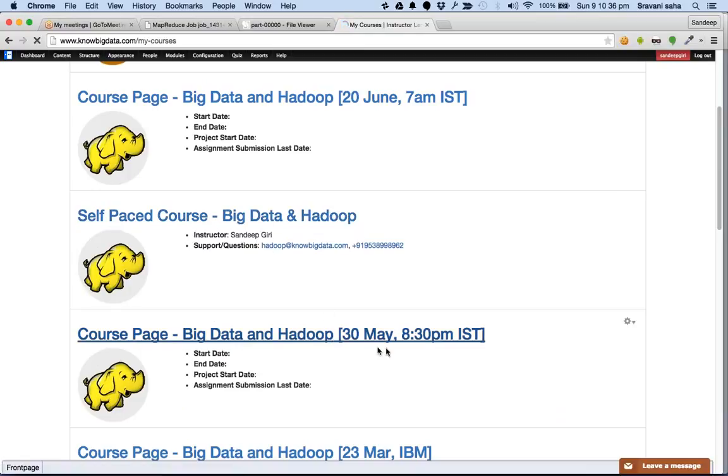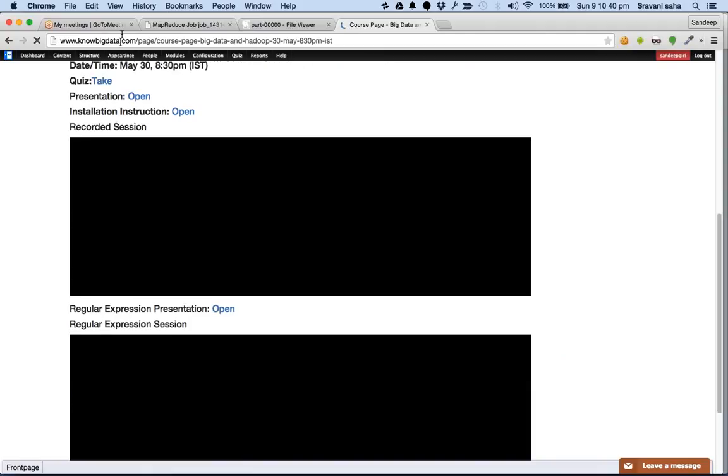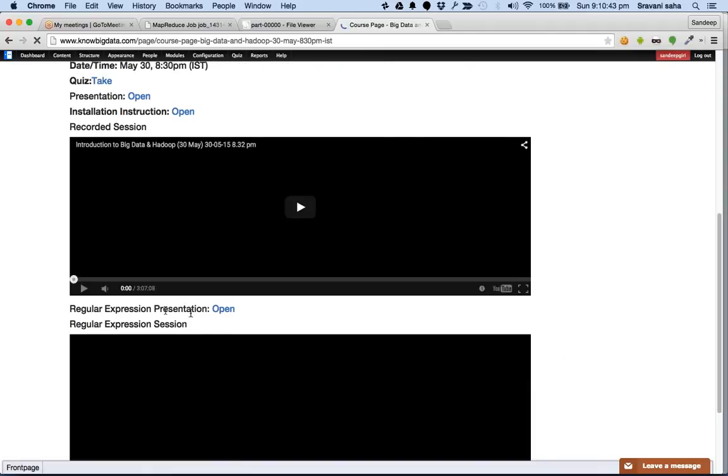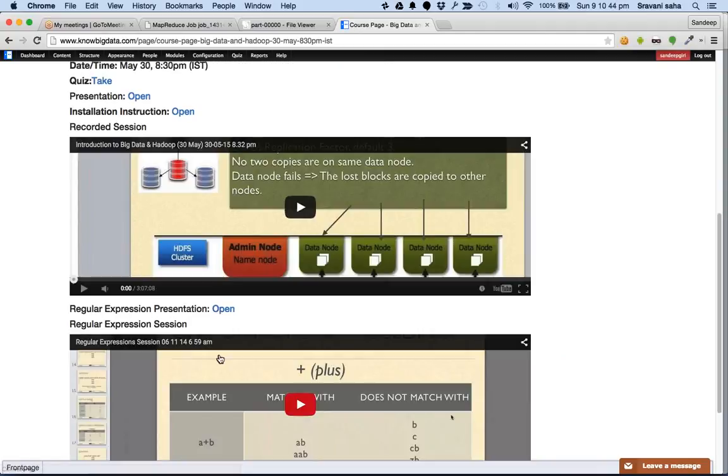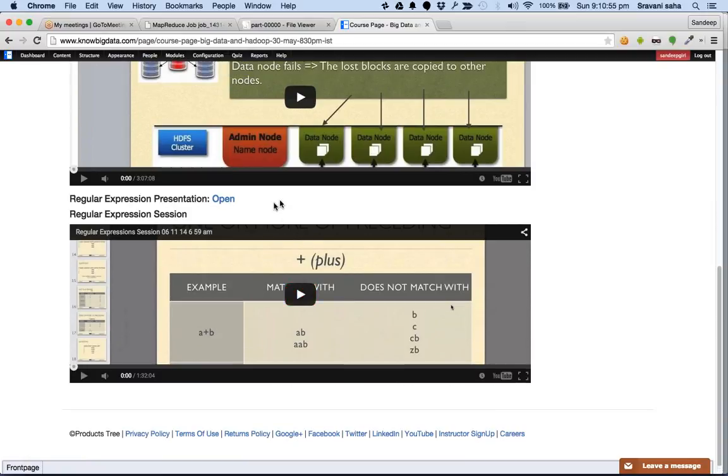If you go into 30 May, session 1, below the recorded session there will be a regular expression presentation and the class. It's a 1.5 hour class, and this should give you good enough confidence in regular expressions. It will be 1.5 hours well spent.